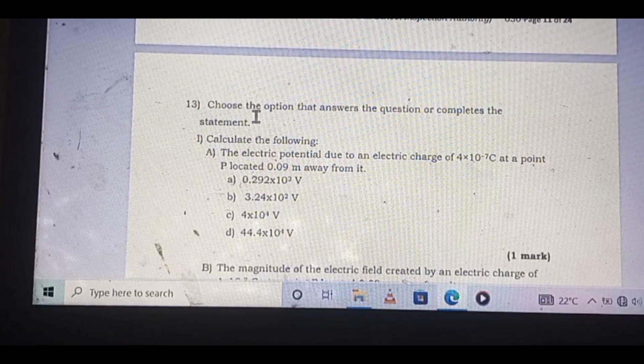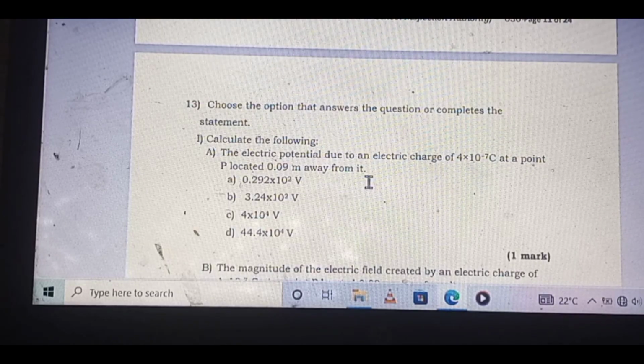Question 13. Choose the option that answers the question or completes the statement. I1. Calculate the following. A. The electric potential due to an electric charge of 4 times 10 power negative 7 coulomb at a point P located 0.09 meters away from it.